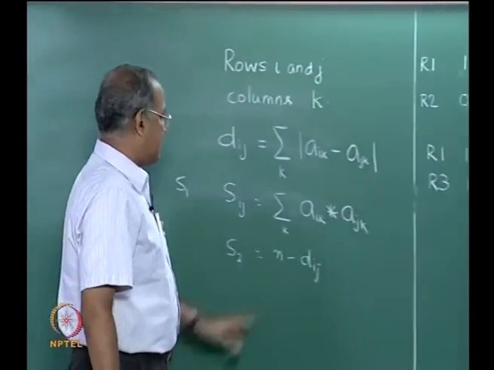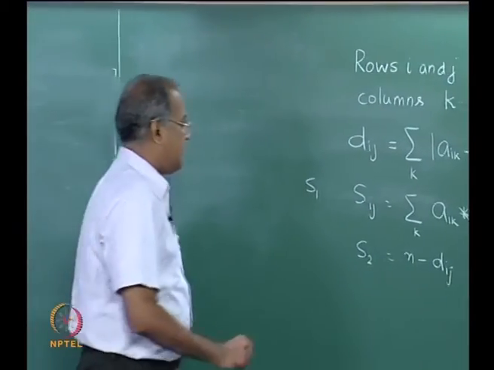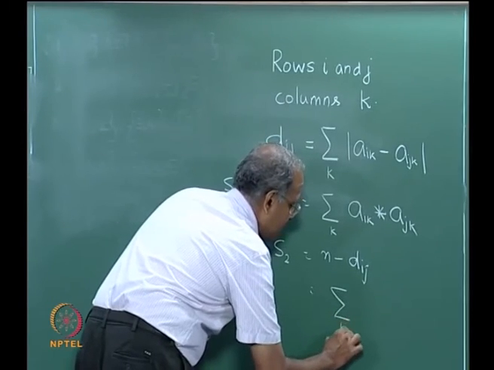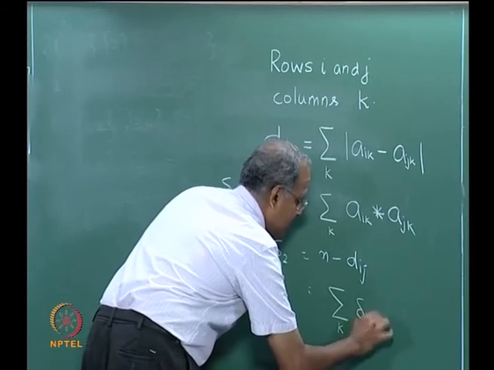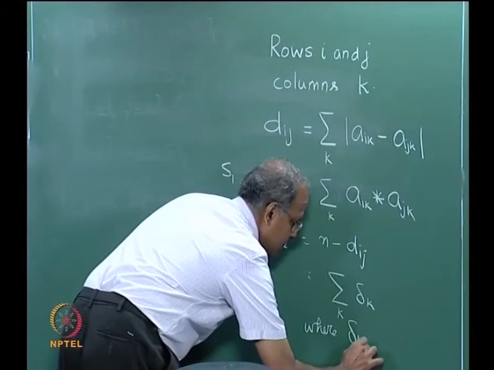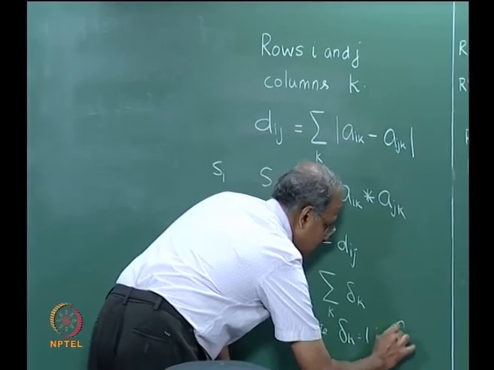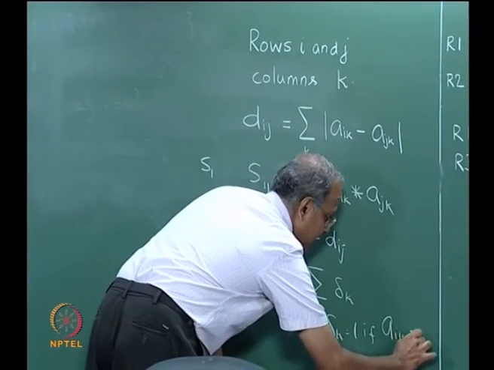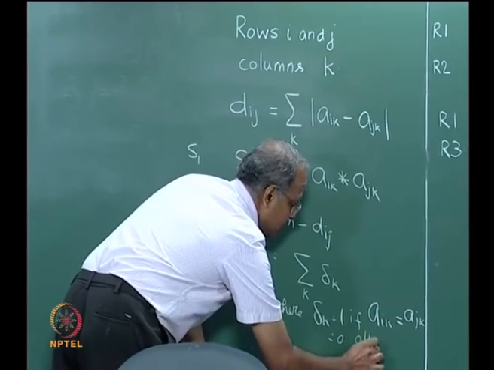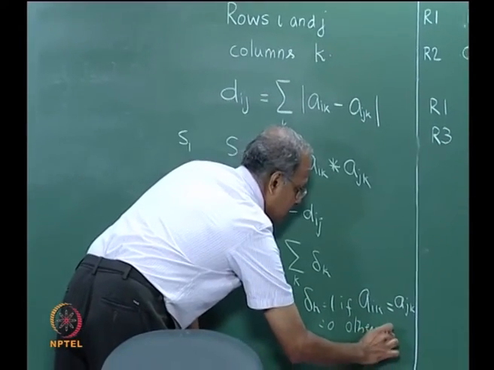So, n minus d_ij will give this, but the other way to define S2 is equal to sigma k delta k, where delta k is equal to 1 if a_ik is equal to a_jk, and it is equal to 0 otherwise.